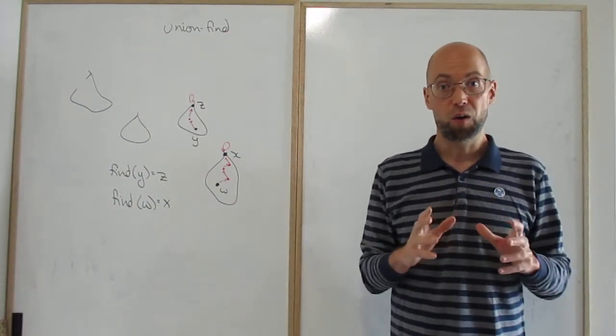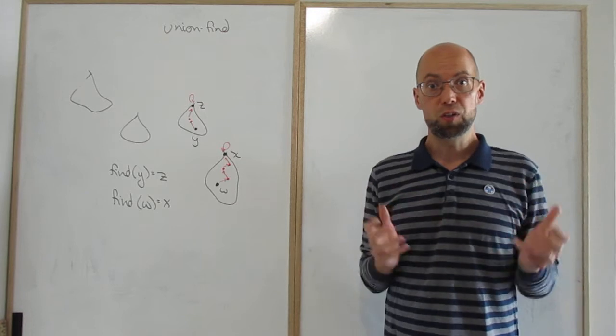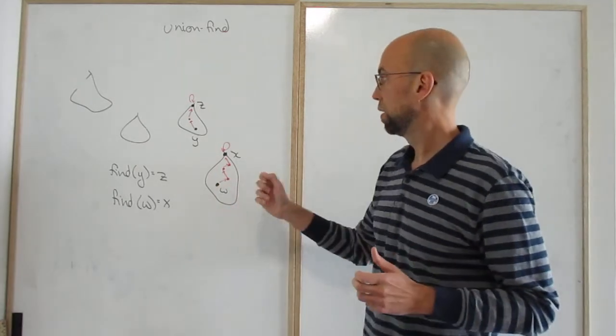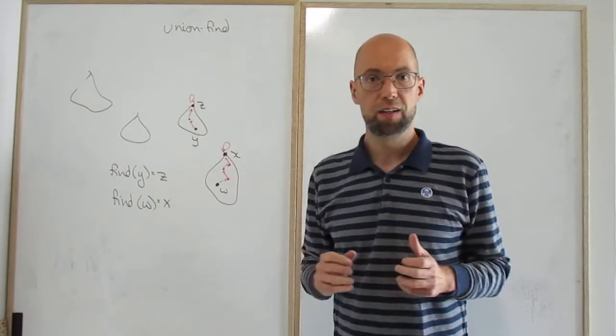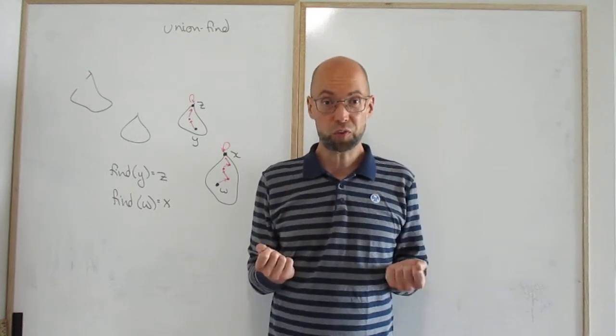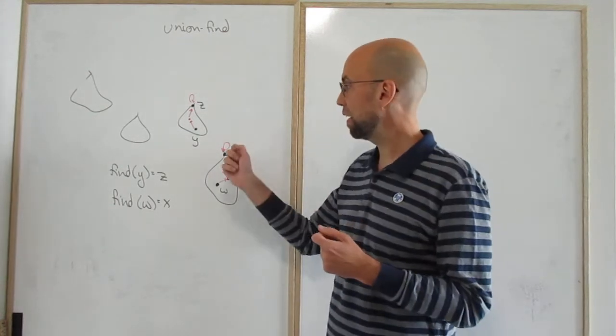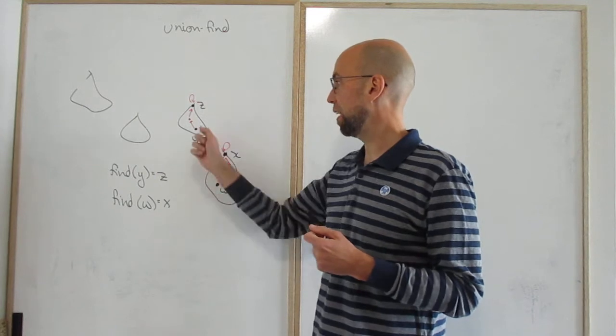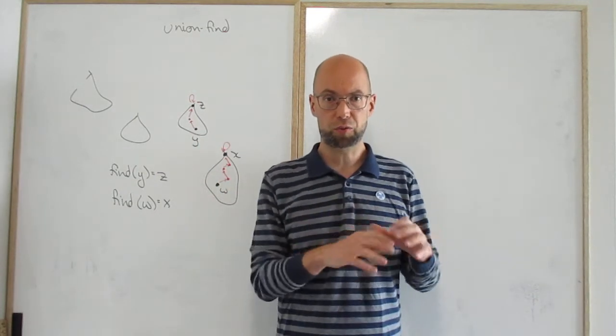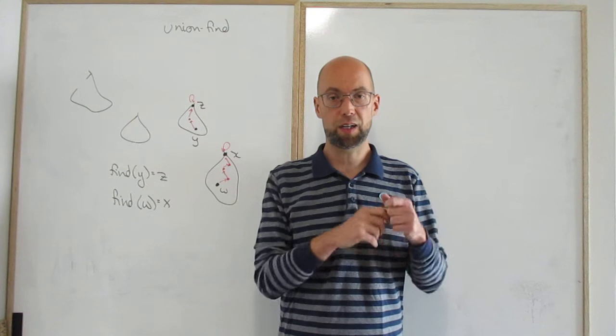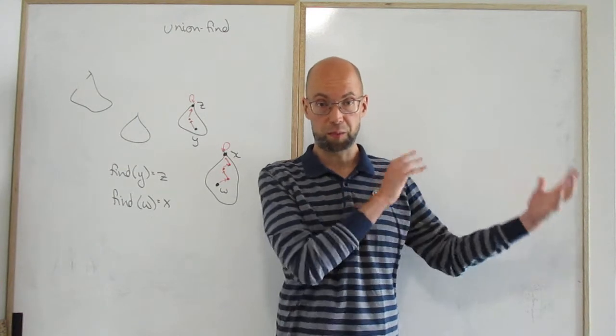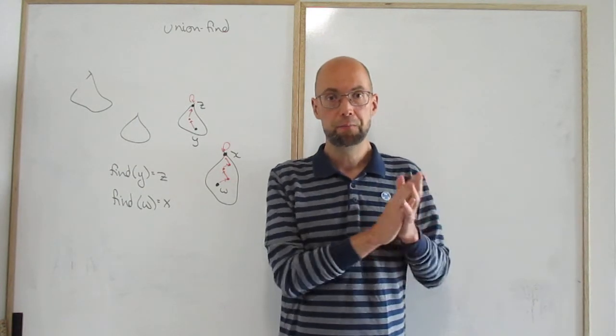Okay, now, what if I say union W and Y? So this means I'm going to take these two sets, so now I'm adding the edge between W and Y in Kruskal's, in the forest, in the minimum spanning tree in the graph.